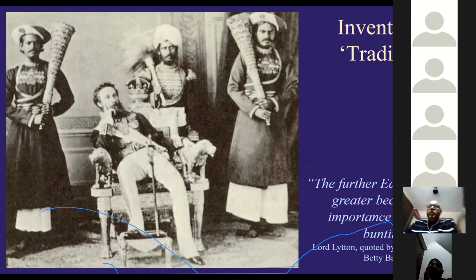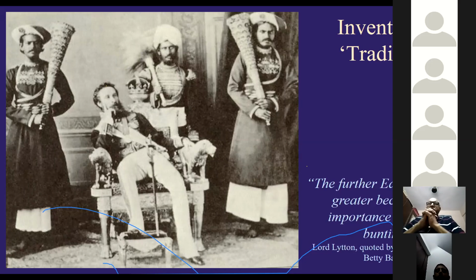They are assembled from little parts and bits and pieces of existing traditions, thereby creating a tradition. This is a really remarkable picture of Lord Lytton, one of the most imperialistic viceroys of India to rule in the 1870s. He had this bright idea of declaring the Queen of England, the monarch of England, as the Emperor of India.